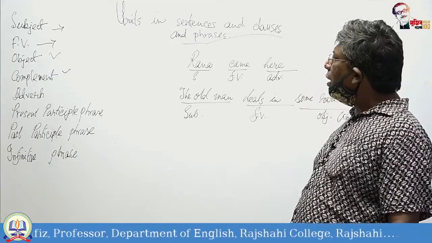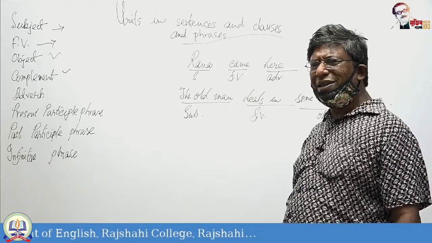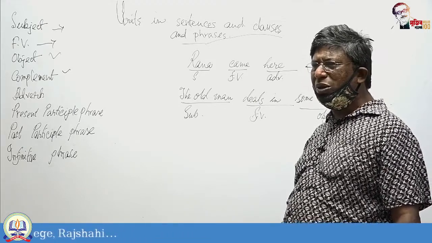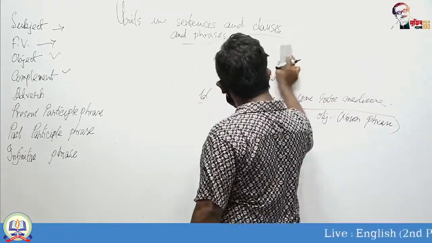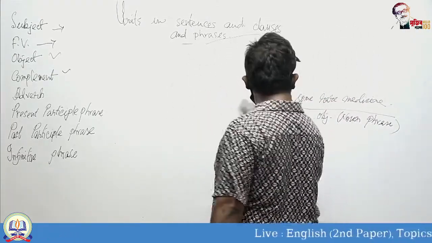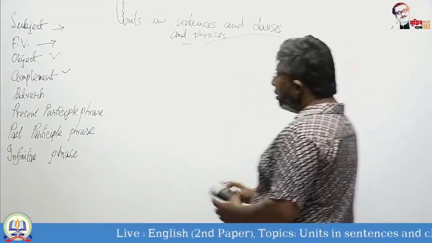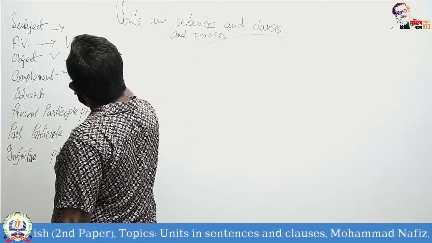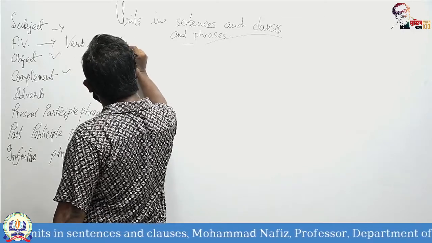And now I will tell you which parts of speech are used in which unit in a sentence. Finite verb, you know, is always a verb in a tense form.